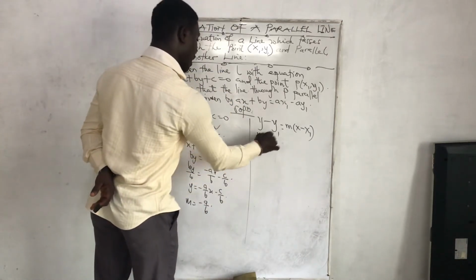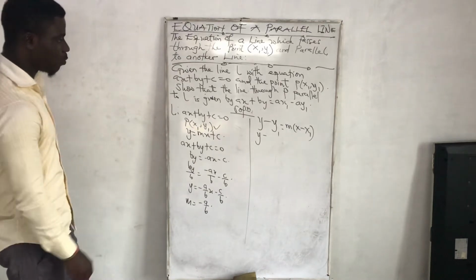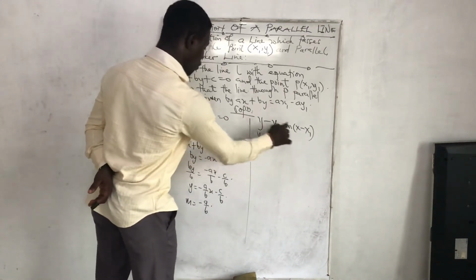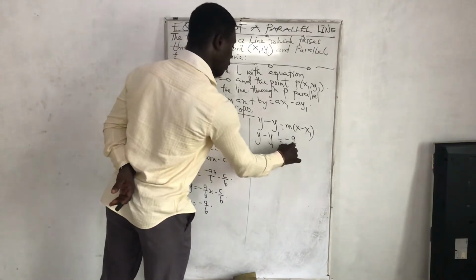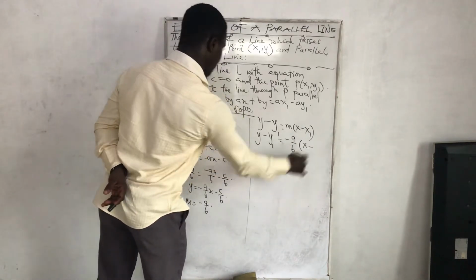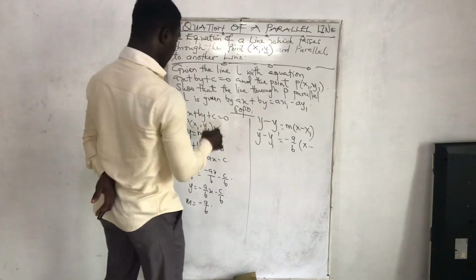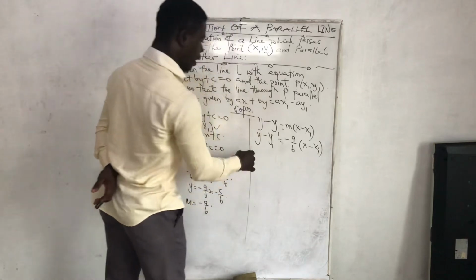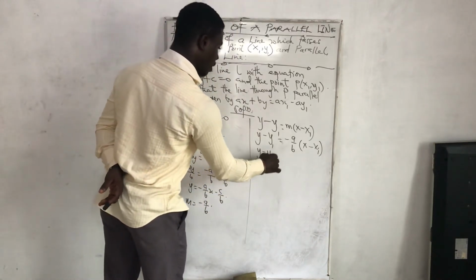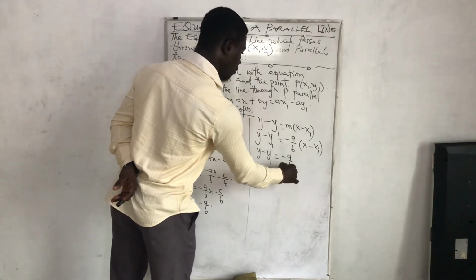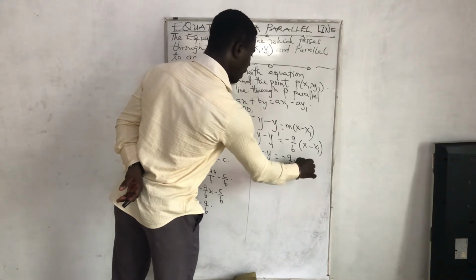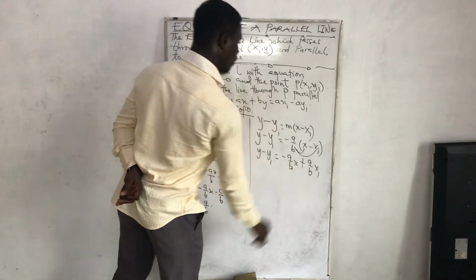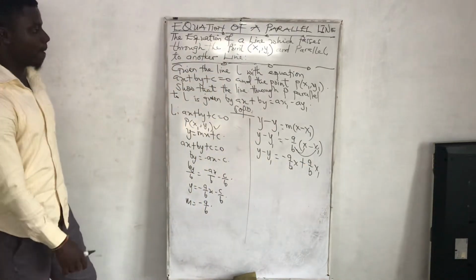So y minus y1 equals m, which is negative a on b, times x minus x1. So I have y minus y1 equals negative a on b x, then plus a on b x1. So I multiply through by b.